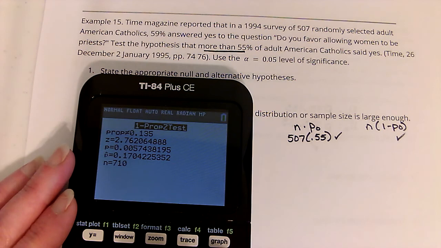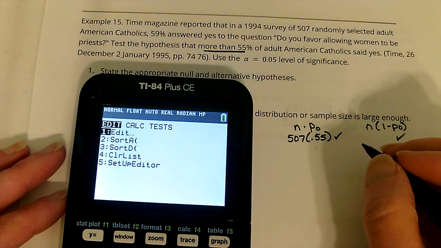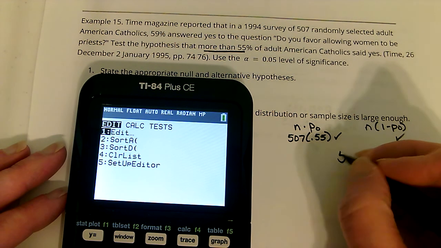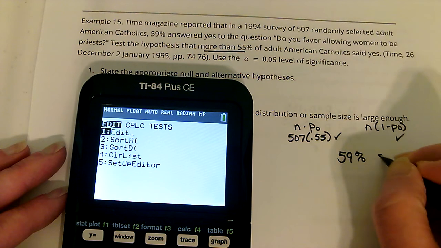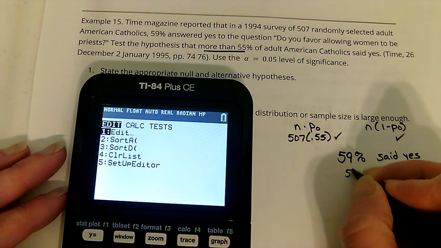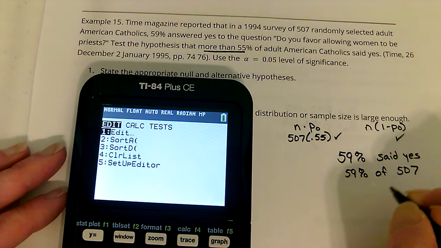When I go to put this in the calculator, I don't have that x value. All they told me was that 59% of the people surveyed said yes. So 59% said yes. That was 59% of 507 people.